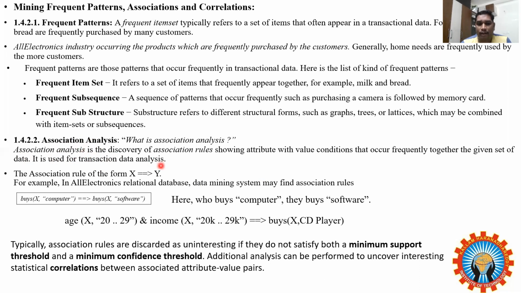It is the discovering of strong association rules, showing attribute-value conditions that occur frequently together in the given set of data. It is used for transactional data analysis. Transactional is nothing but day-to-day analysis. You can represent this with the help of an arrow symbol. For example, X is a person buying a computer.